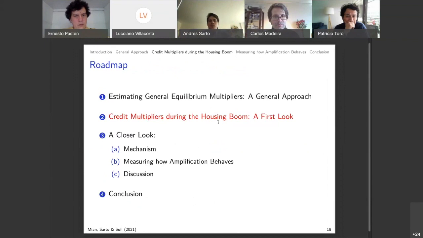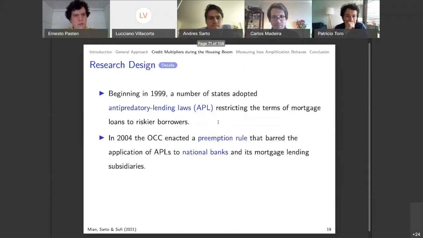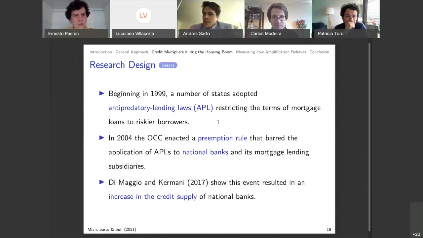Okay, so let me show you some numbers. I'm going to show you first some numbers, and then I'm going to go to the model. This is working through the empirical application of Di Maggio and Kermani's empirical design.